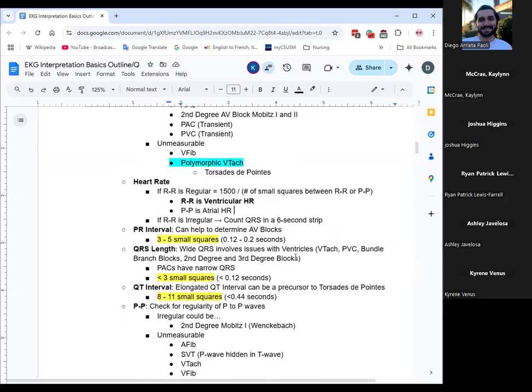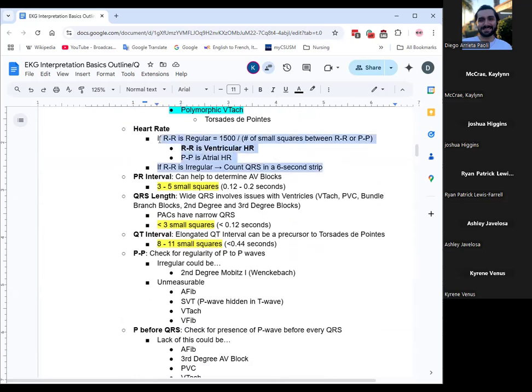There is such a thing as a ventricular heart rate and an atrial heart rate, but what people call the heart rate is typically the ventricular. In certain conditions, they won't be matching, so they might be different. That's all listed there.